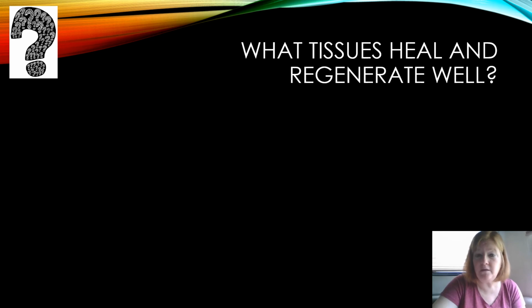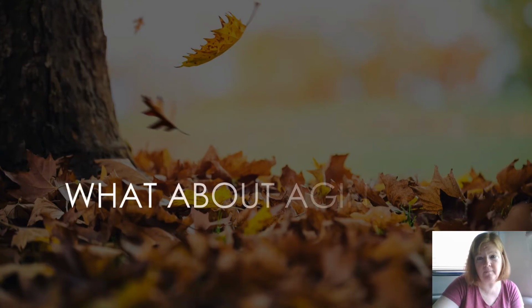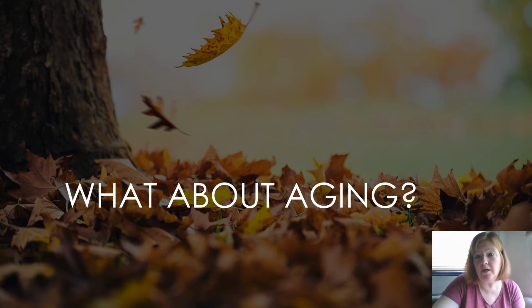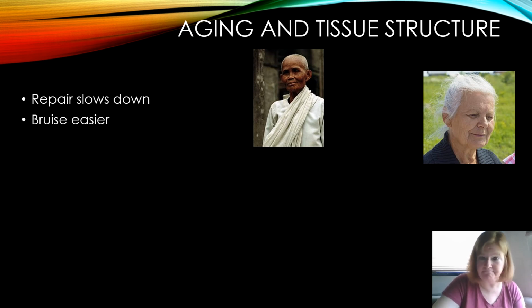What tissues heal and regenerate well? Epithelial, connective, except for cartilage, and smooth muscle. What about aging? So what changes as we age? Well, a lot of things actually. Repair slows down. We bruise easier as we age.